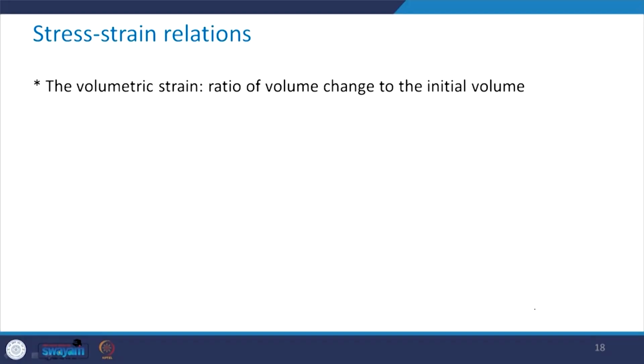So, let us proceed further. We have the volumetric strain, which is the ratio of volume change to the initial volume, and this can be written as epsilon volume equal to epsilon x plus epsilon y plus epsilon z. Then you just substitute all those values of epsilon x, epsilon y and epsilon z as we derived in the earlier slides.